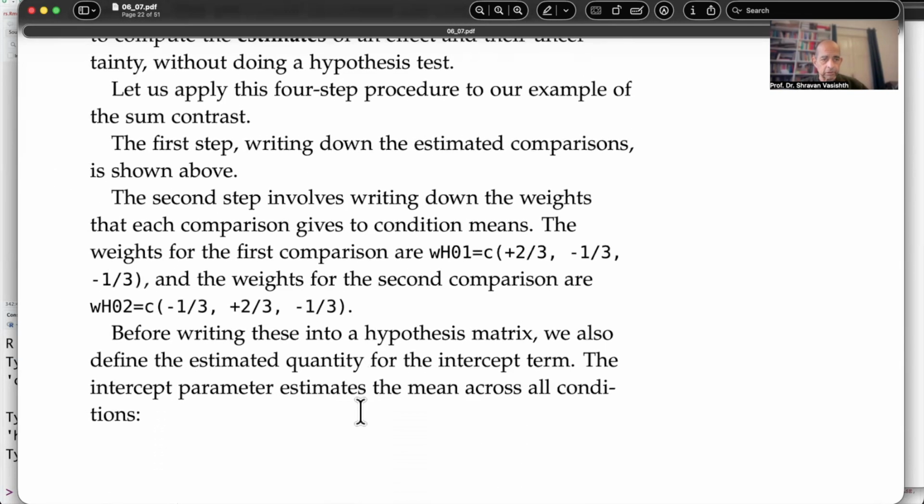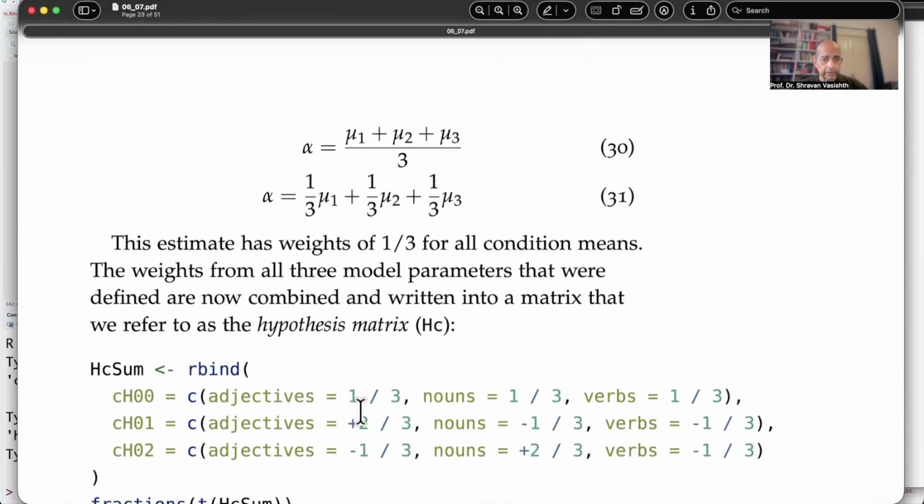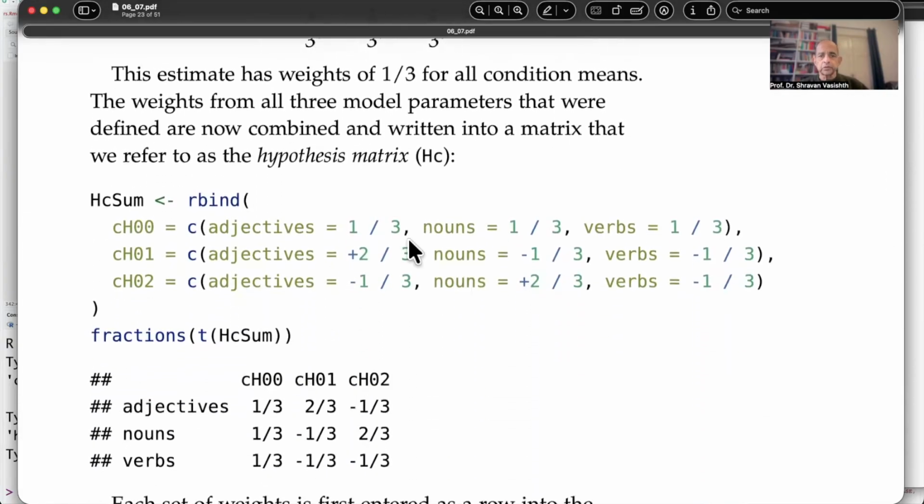Okay. So then we get to the hypothesis matrix now. I'm going to show you how this goes. So let's go. We know the weights. The two weights are here. So here's my first set of weights, adjectives compared to the average of the others. And this is the second set of weights, so I might have mixed up the category levels.